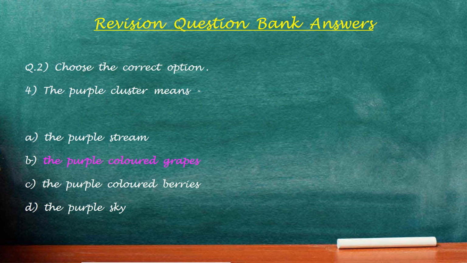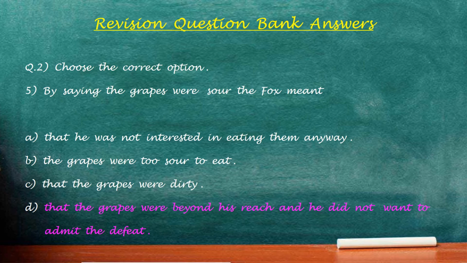The purple cluster means B. The purple colored grapes. Answer 5. By saying the grapes were sour, the fox meant D. That the grapes were beyond his reach and he did not want to admit the defeat.